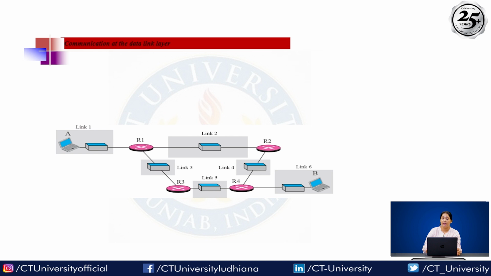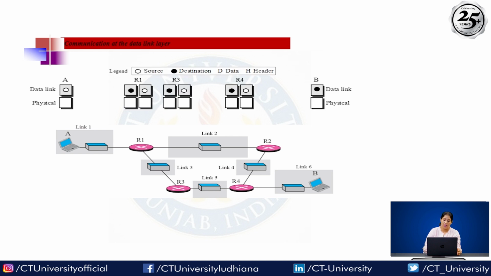Now, communication at the data link layer will be like this. Again there is a source and a destination, D means data, H means header. Now two layers come on the A side and B side. Data is going by following the route R1, then data with header D2 head, where D2 data is a frame, and that data carries the header.